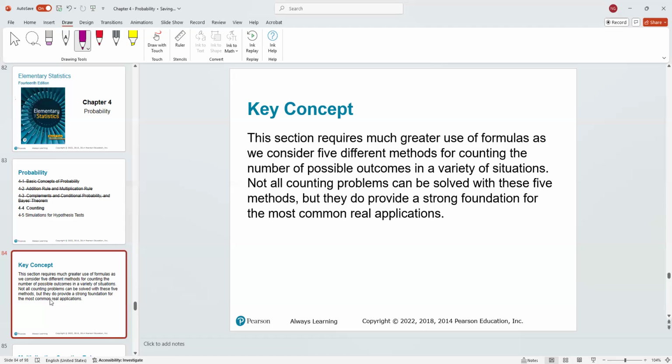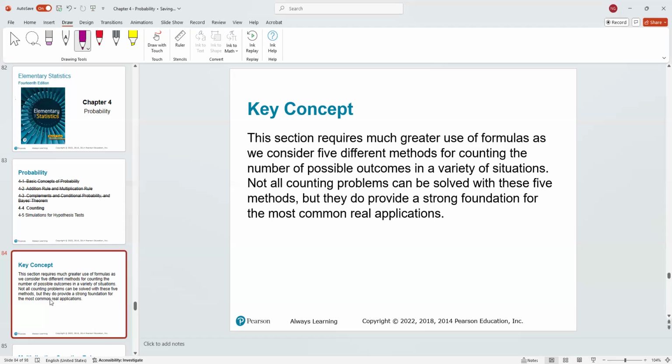Remember in section 4.2 with the addition rule, multiplication rule, and conditional rule, we encouraged you at that point to use intuitive rules based on understanding, and we discouraged blind use of formulas, right? Because sometimes use of formulas may lead you to incorrect answers, but doing intuitive rules is also important.